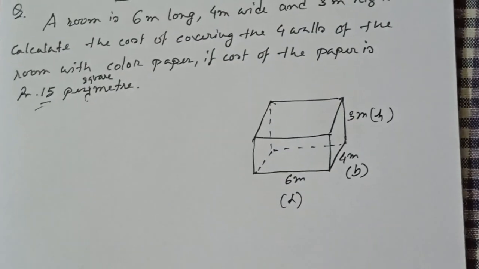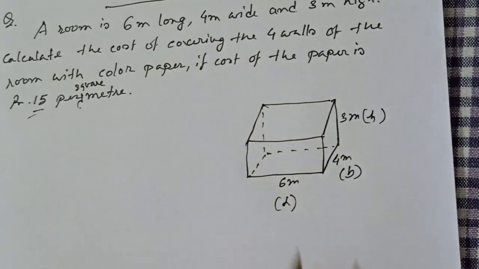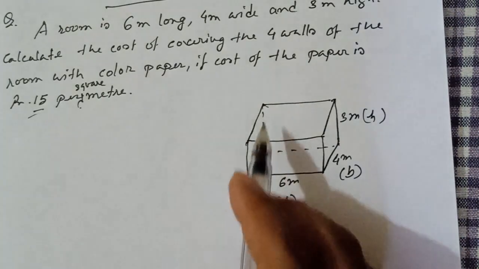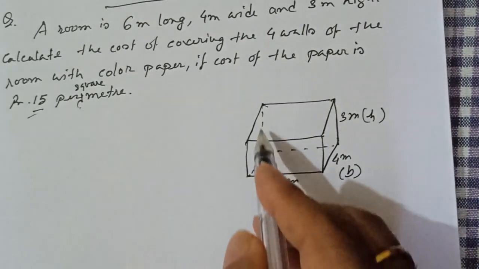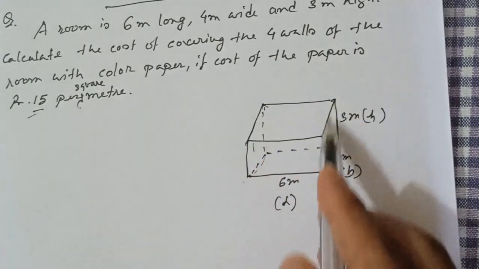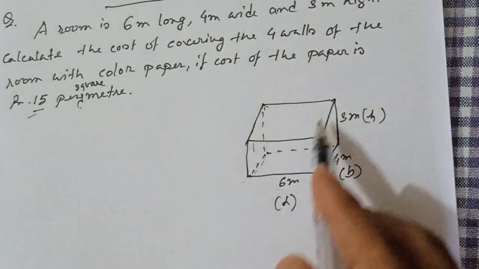Okay, so we have to calculate the cost of covering the four walls of the room with color paper. You can see this is the room, dimensions are given, and four walls means this wall, this wall, this wall and this wall.